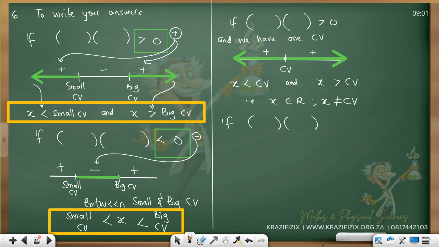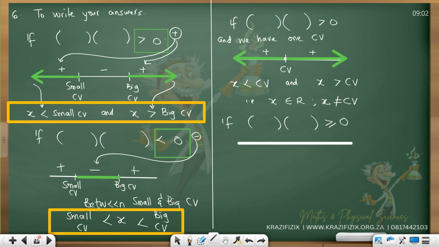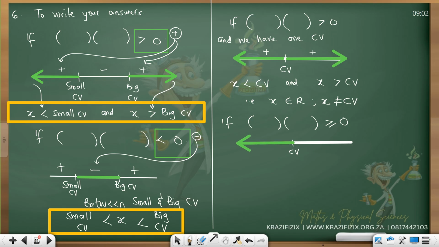If it is like this, greater than or equal to 0, it therefore means my final answer would be x is an element of real numbers. The CVs are inclusive. But let me draw the number line so we can see. We have one CV. But this time around, there's no white.